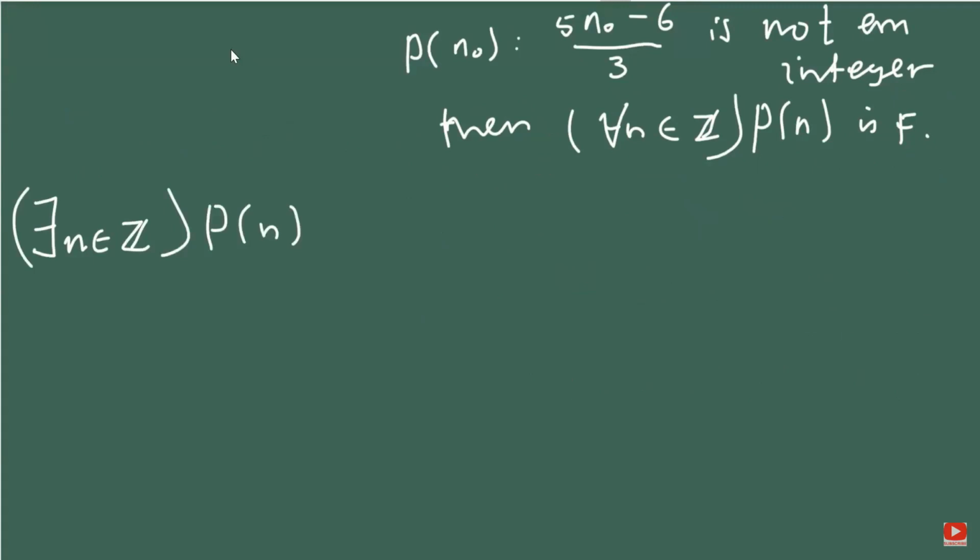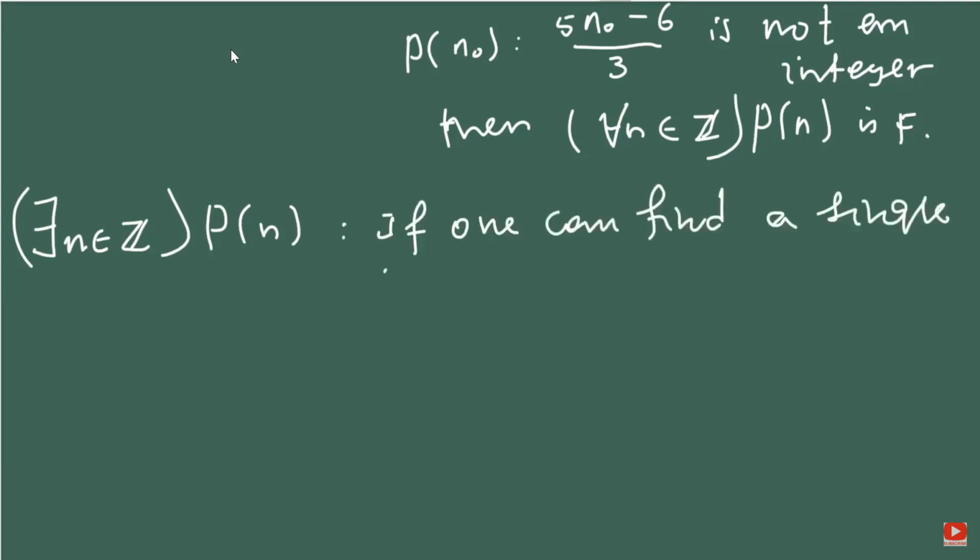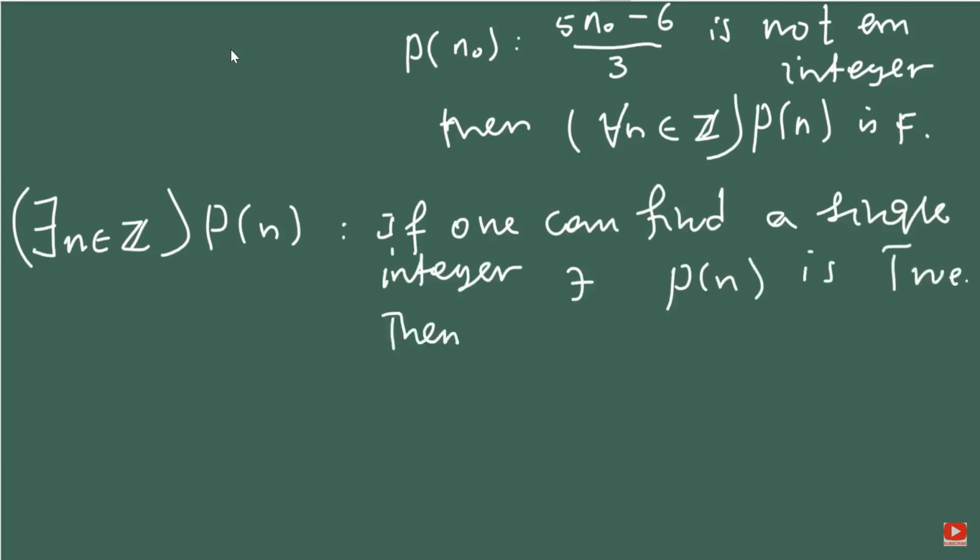We can find a single example which satisfies this statement, then we can say that there exists an element of Z, P(n) is true. That means if one can find a single integer where P(n) is true, then you can say there exists an element of Z, P(n) is true.